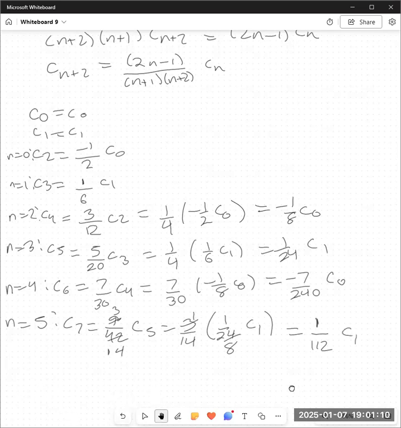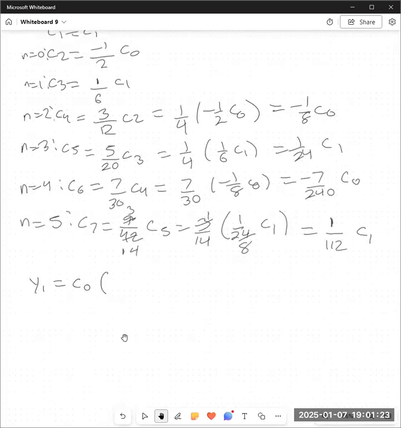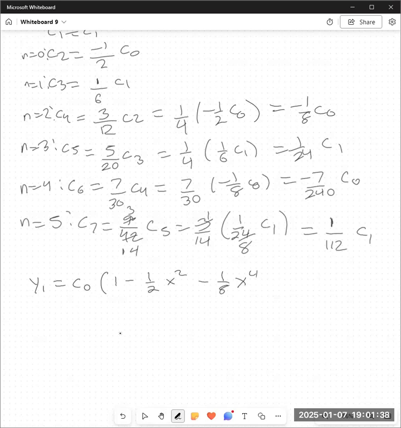Okay, so this is going to be something like y1 equals C0 times 1 minus 1/2 x squared minus 1/8 x to the 4th minus 7 over 240 x to the 6th minus dot dot dot.